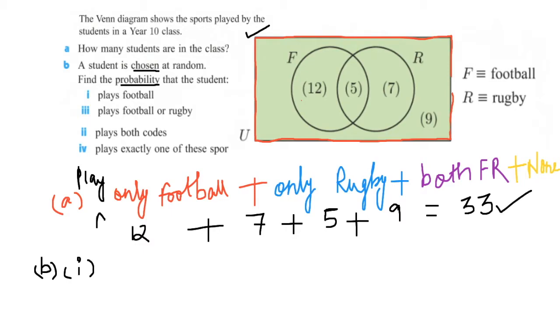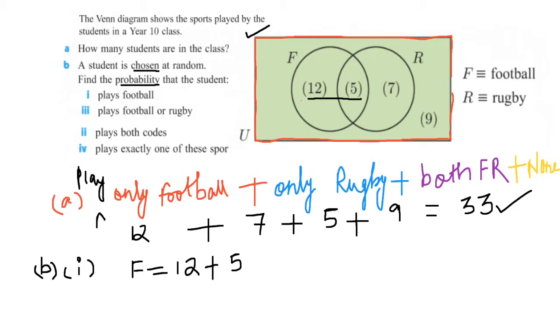How many students play football? This is that area. In this region, you will find students who play football. So students who play football are 12 plus 5. It doesn't matter if it also consists of some common students who play both the games, both the sports.